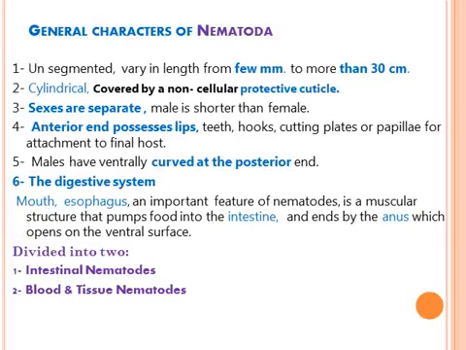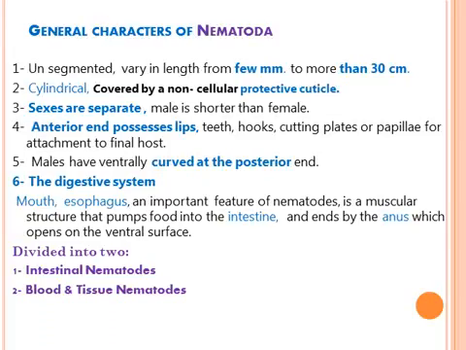The anterior end possesses lips. In some of the species, the anterior end contains teeth or hooks, cutting plates, and papillae for attachment to the final host. Males have a ventral curve at the posterior end.